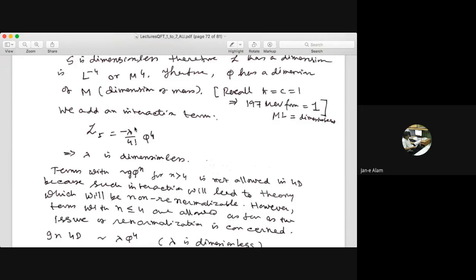Now, whenever the coupling constant has a negative mass dimension, that theory is not renormalizable in 4 dimensions. So any term in the theory with a power higher than phi to the 4 is not acceptable in 4 dimensions, because that will give me a non-renormalizable theory.